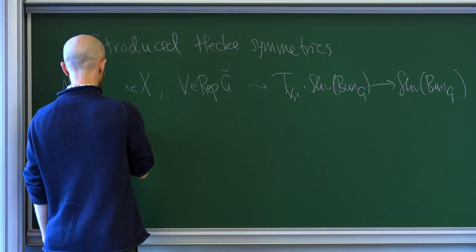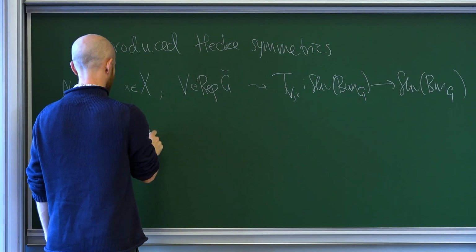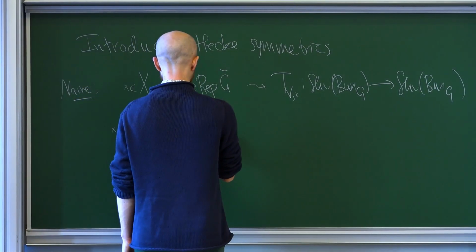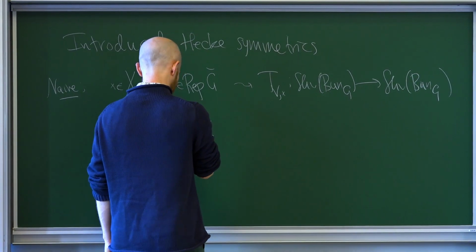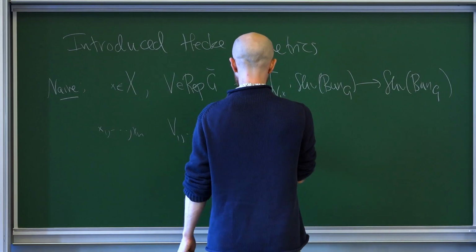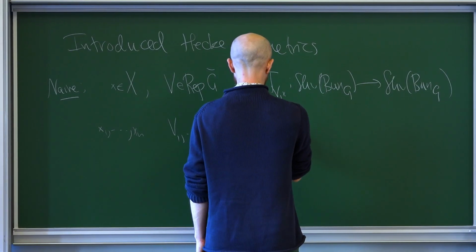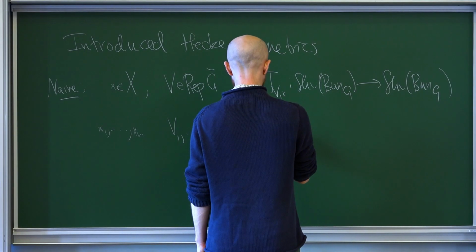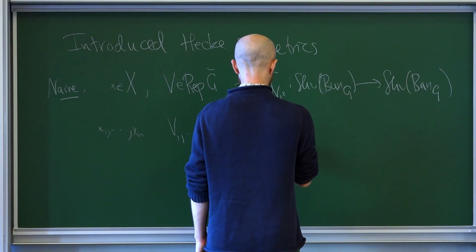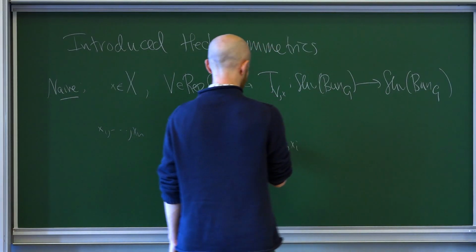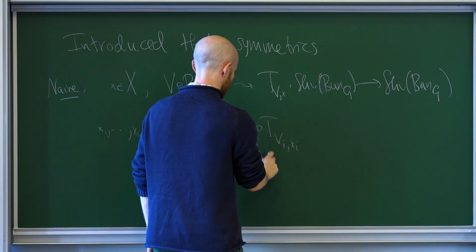And if you have an n-tuple of points and representations indexed by the same points, then you get some kind of thing you can compose. So this is the composition, and the order doesn't matter.